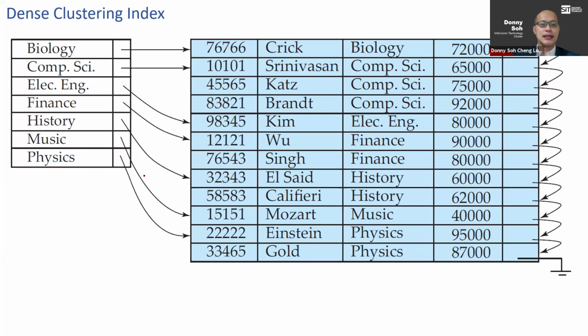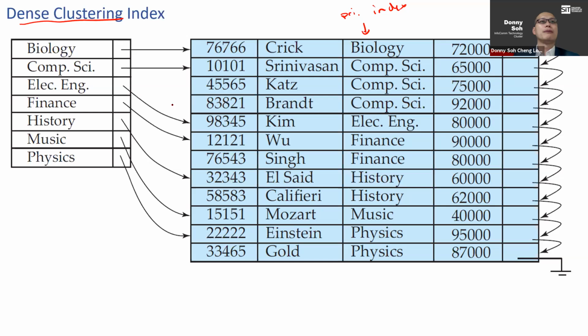This is known as the dense clustering index. So notice that I'm building an index on biology. This is also going to be a primary index. So it first points to biology, and computer science points to the first instance of computer science.